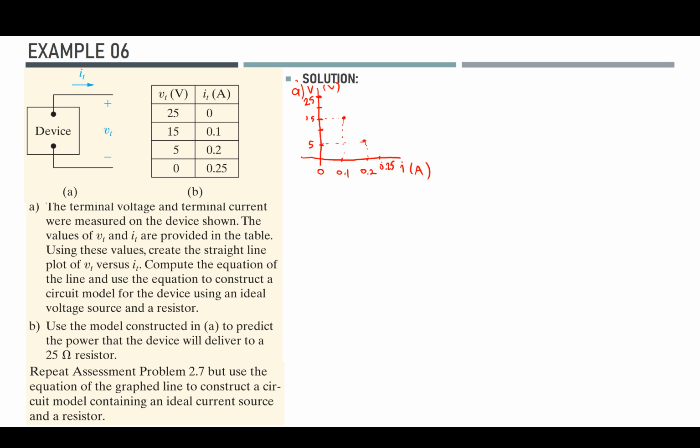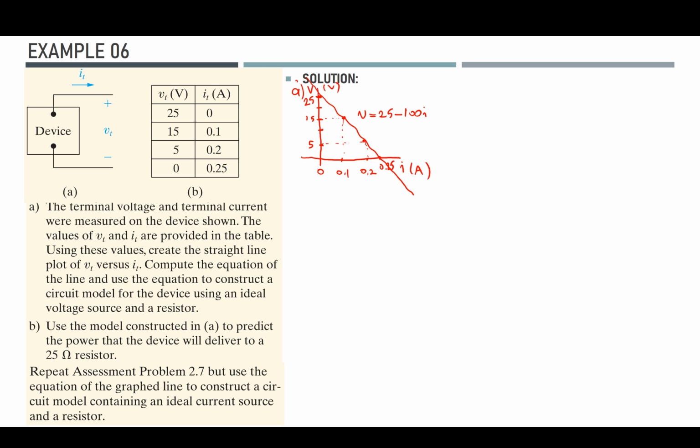So it's apparent that using these points, I can write down the equation of a line that connects all these points. If you do the math, you can see that V should be 25 minus 100i. This is the equation for this line.